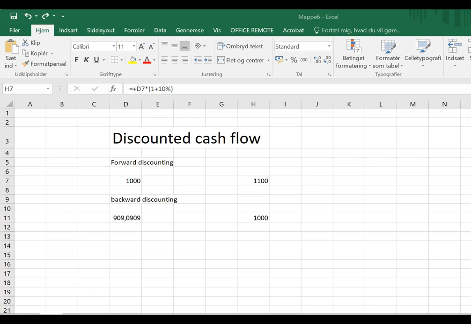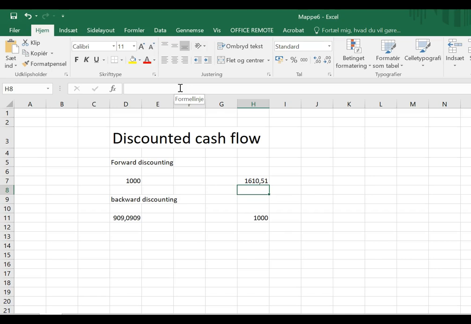Now, what if it's in 5 years? It's quite easy because then you just do it 5 times, that you multiply it by 1 plus, in this case, 10%. Or you can do it as a power, like this. So it means I have raised it to the power of 5, so I multiply 5 times.